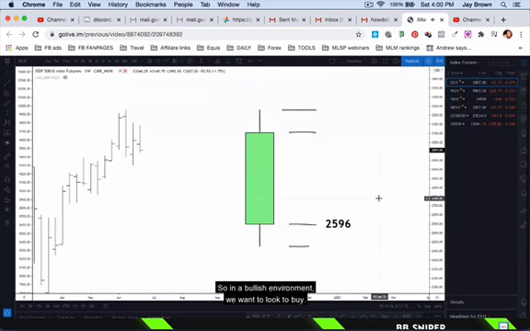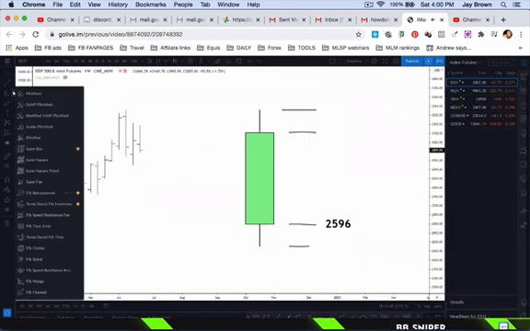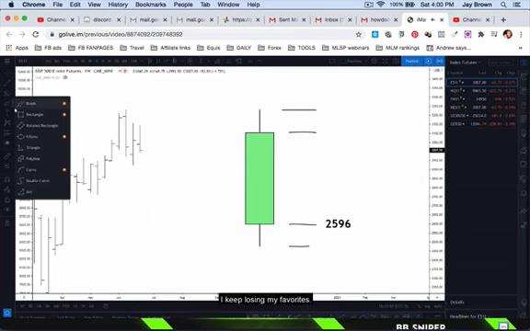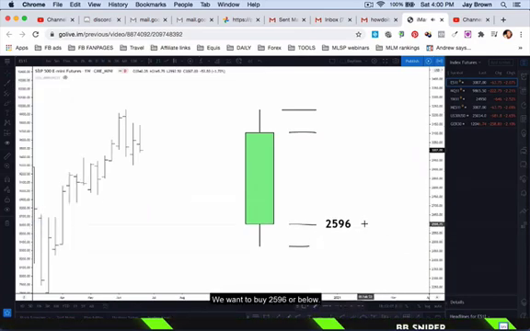So in a bullish environment, we want to look to buy $25.96 or below. Okay, that's where we want to be looking to buy, below the daily open.